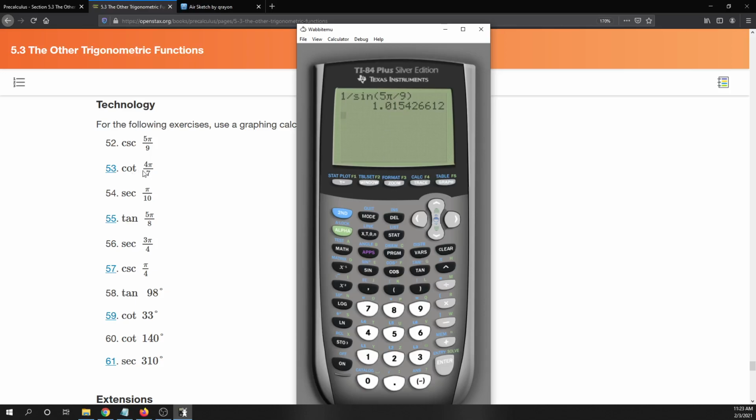If I wanted to do cotangent of 4 pi over 7, that's going to be 1 divided by tan of 4 pi over 7, like so. Looks like I accidentally put an extra set of parentheses in there, but it was okay with it.